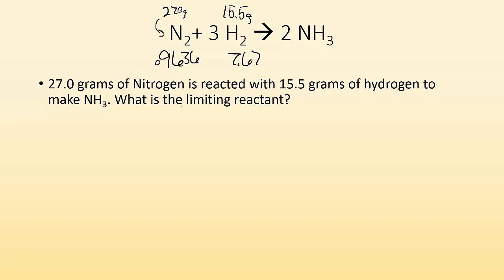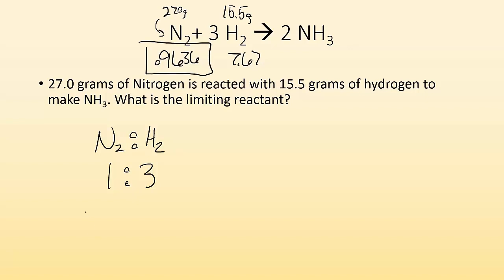And all right, well, what is the limiting reactant? Well, let me set up my ratio. I have N2 to H2 as a 1:3 ratio. And why don't I start with N2? So my N2 is 0.9636 is to X, which tells me that my X is going to have to be 2.891.